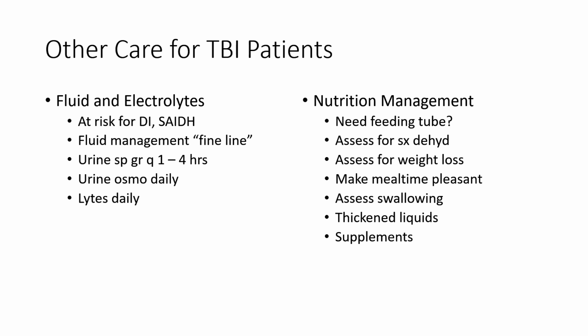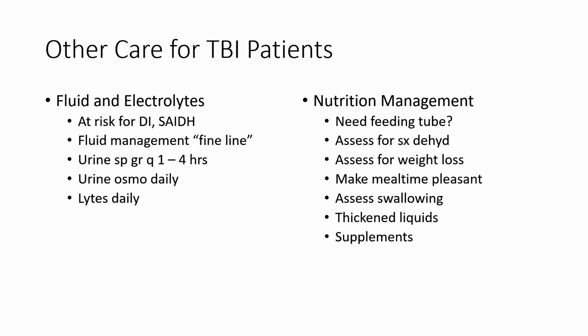So we are looking for large amounts of urine. So we want to do urine-specific gravities, urine osmolalities, and serum electrolytes daily. Remember, with these patients, fluid management is a fine line. We don't want them overhydrated and we don't want them underhydrated.